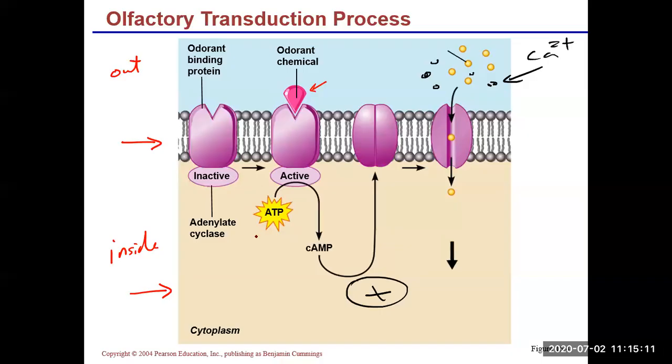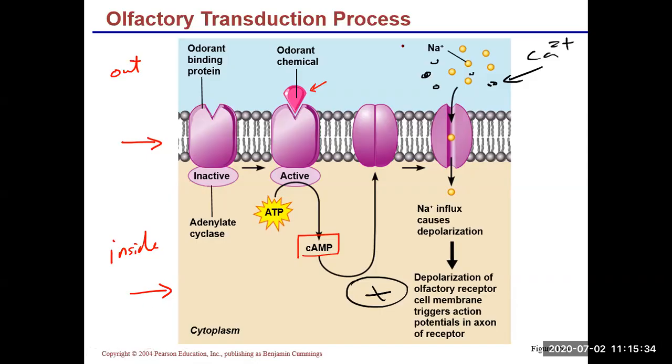A little bit later, this activates the G-linked protein, which activates the adenylate cyclase, which hydrolyzes the ATP to cyclic AMP. In this case, cyclic AMP opens up the sodium and the calcium channels, as you can see here. Sodium is in yellow, and the calcium maybe we can put in red or black.